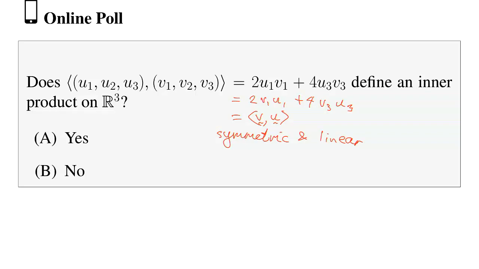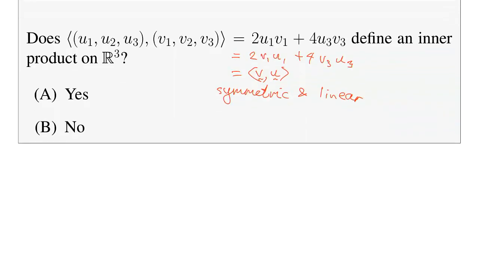It's certainly also linear if you go and check it. So the real question is, is it positive definite? It looks like you all, or almost all of you, think it's not positive definite. So how do we tell that this thing's not positive definite? So what's a counterexample?